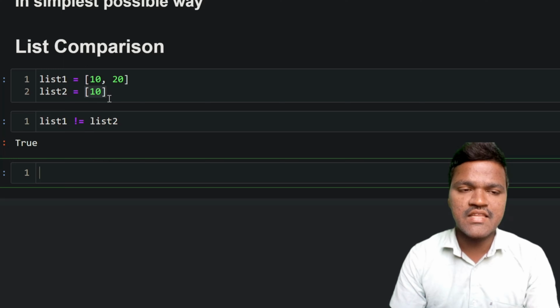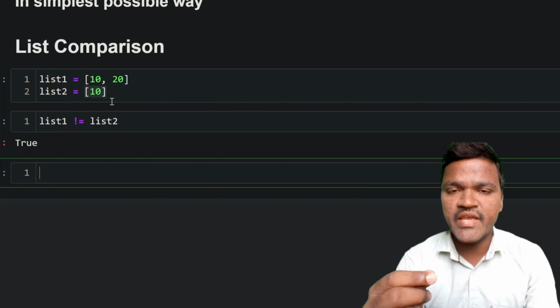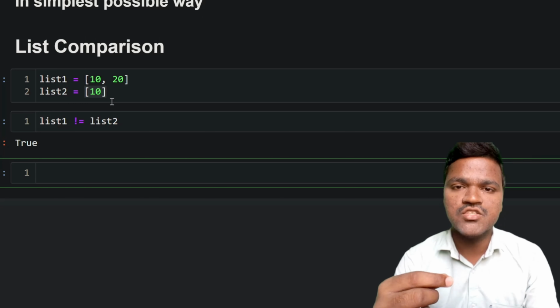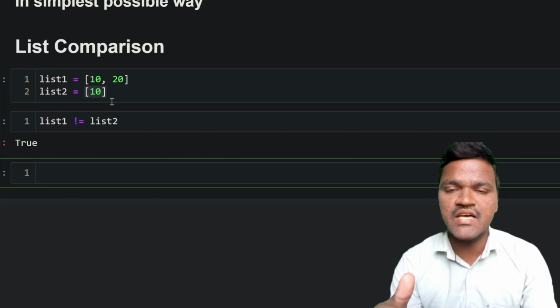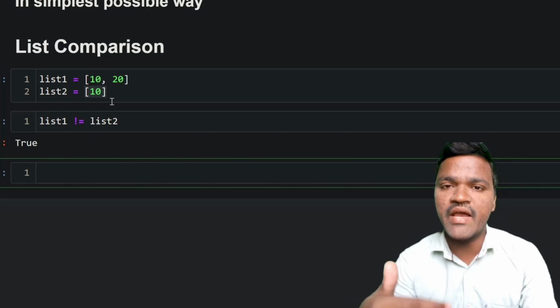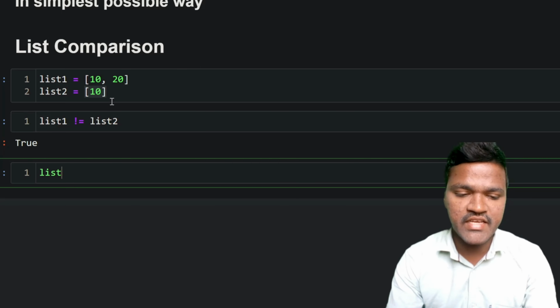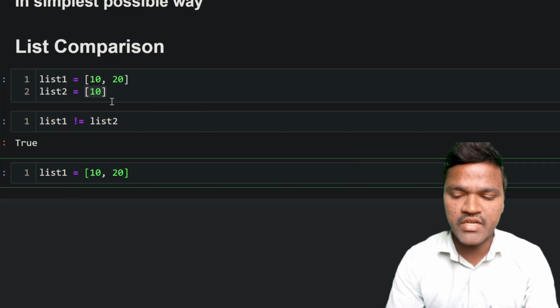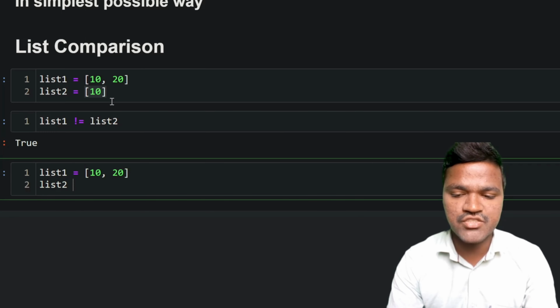The comparison happens element by element. So let's say I take this particular list1, and inside of it I have 10 and 20. I will take one more list, which is list2.